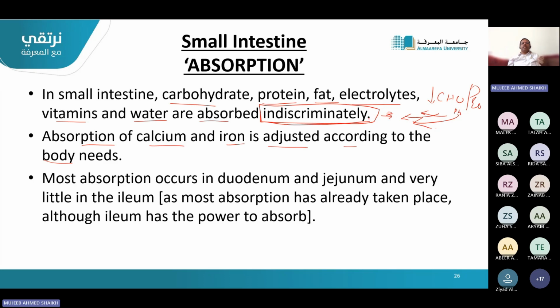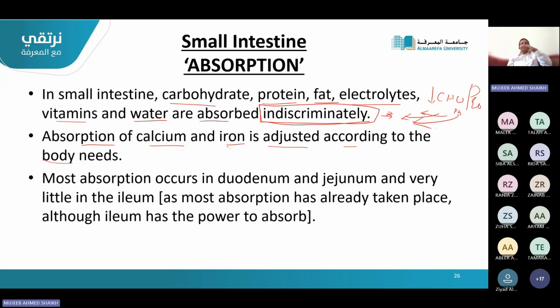But in the second stage, calcium and iron cannot be absorbed like that. If you take, let's say, 1 gram of iron, will it be absorbed? No. If you take maybe 50 grams of calcium, will 50 grams be absorbed? No. Why? It depends upon your total body iron or your total body calcium.